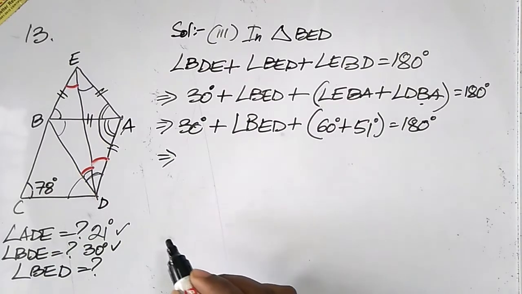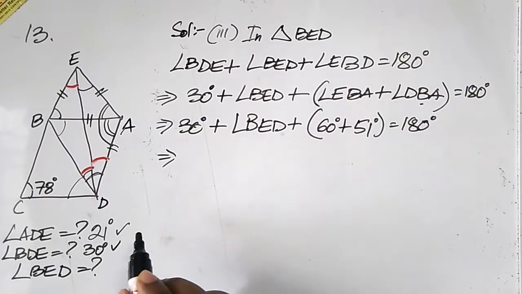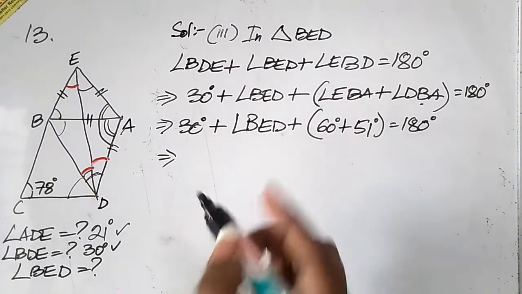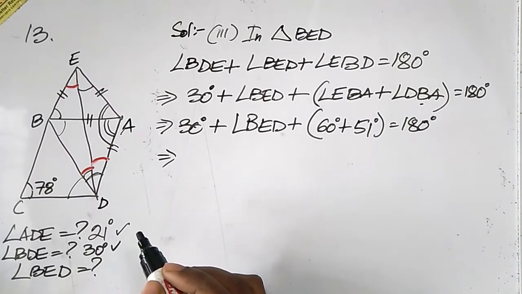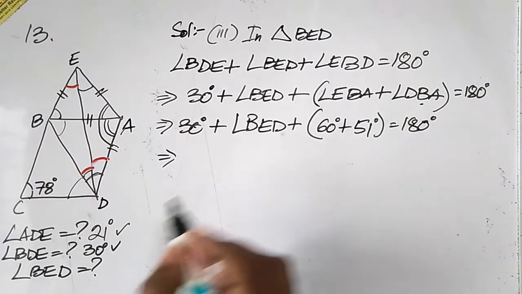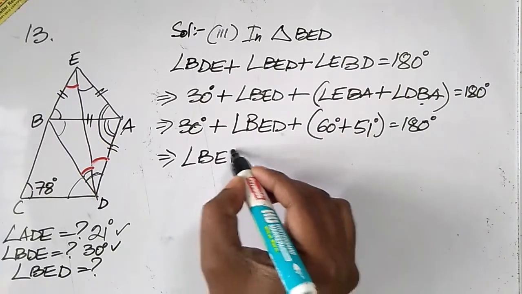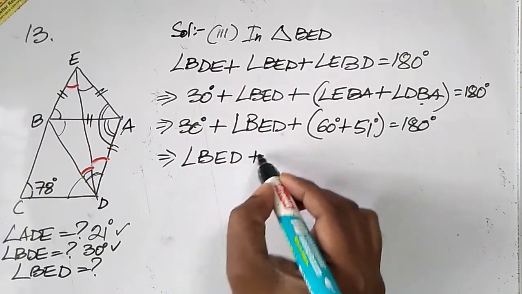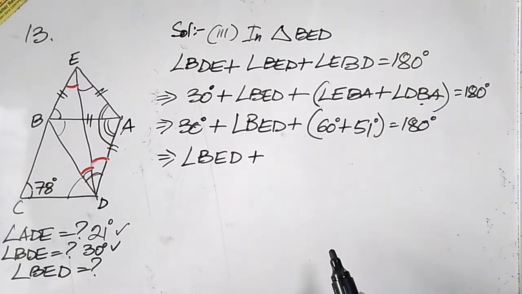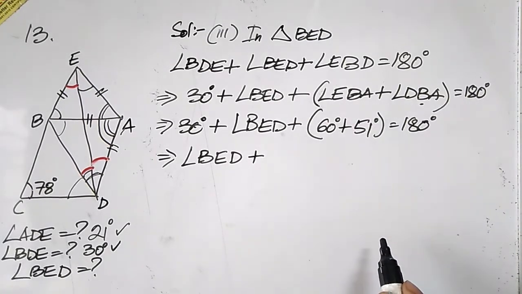Right, it's quite simple. Now let us solve it, or let's make BED the subject, right? Or before we make it the subject, let us add the numbers that are on the left hand side. 60 plus 51 is how much? 111, right?